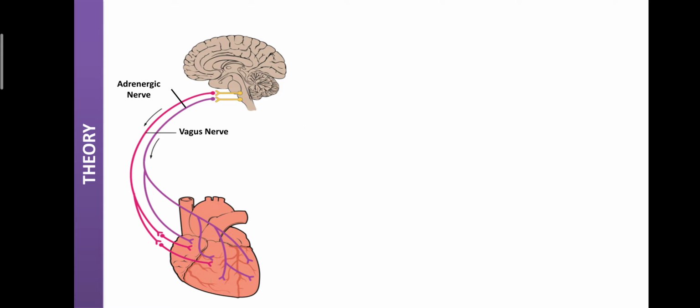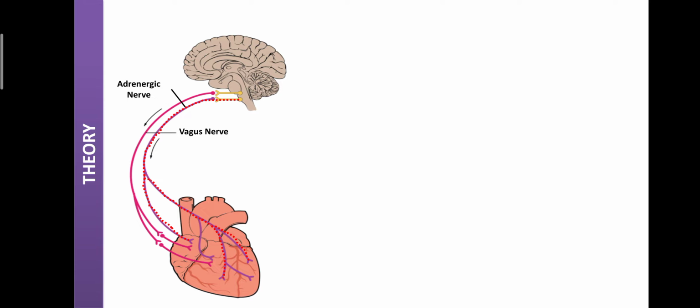Now we learn how the sympathetic system regulates the functions of the heart. Due to activation of the sympathetic nervous system, it activates the adrenergic nerve. The adrenergic nerve is involved in the generation of impulses, and those impulses travel towards the axons of the adrenergic neuron, which are the end part of the adrenergic neurons.